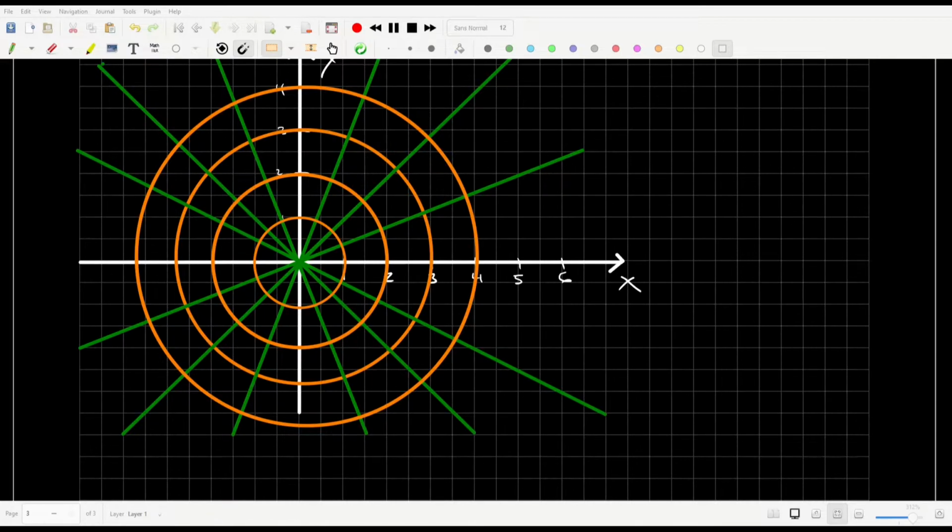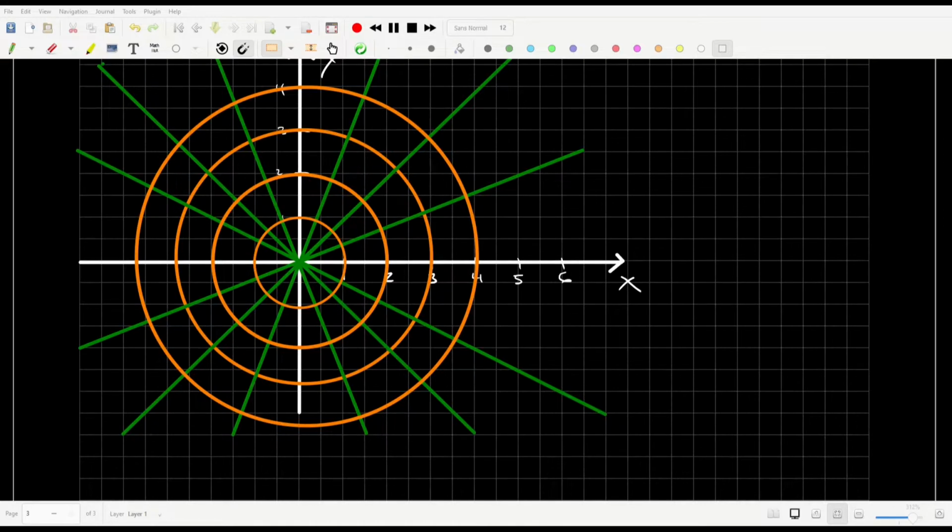And then you also have straight lines now, which denote constant angle from the x-axis. This grid that I've written down right here, you can see now it forms a grid. It's the grid for polar coordinates.